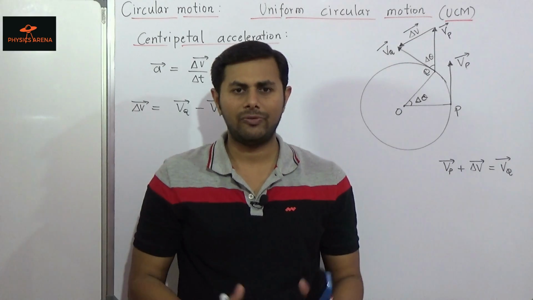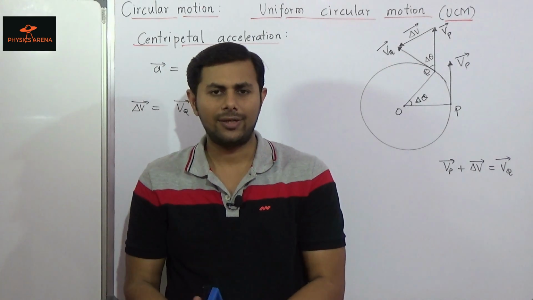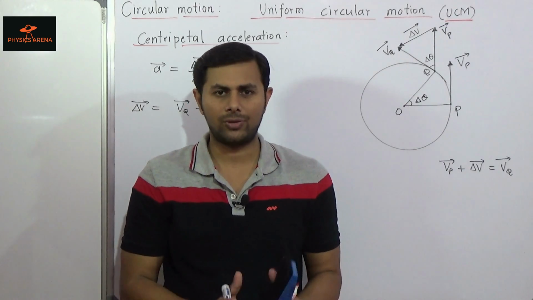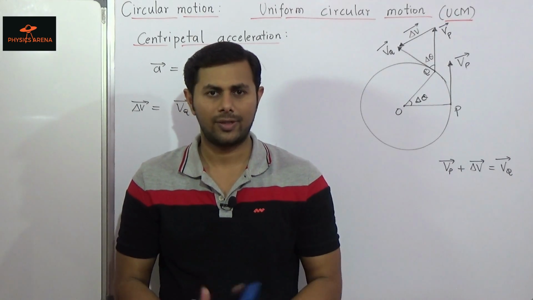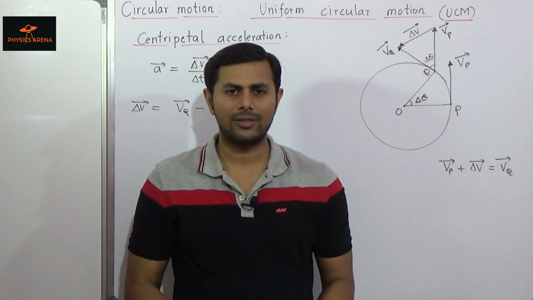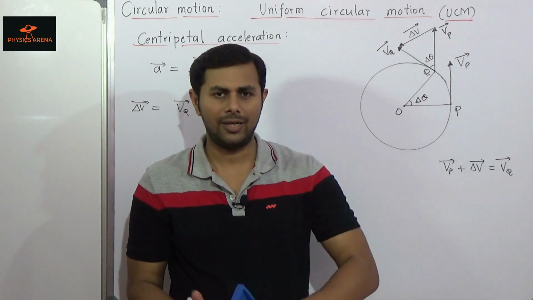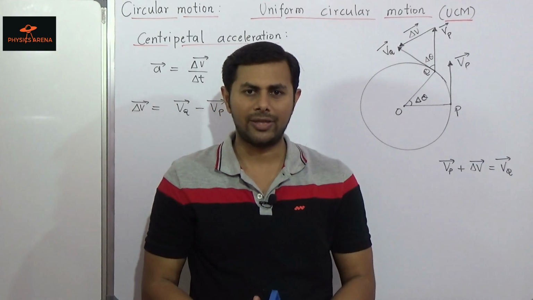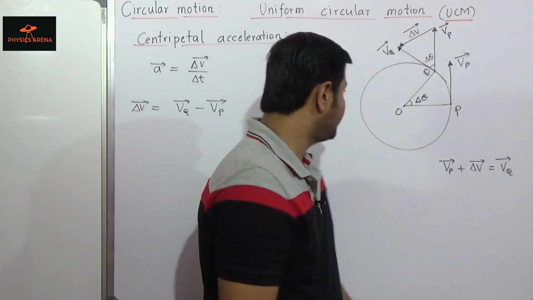So if the angle between two lines is delta theta, then the angle between perpendiculars drawn to those two lines should also be delta theta, since both lines rotated by 90 degrees will give us perpendiculars, and if we rotate two lines by 90 degrees, then the angle between them will not change.